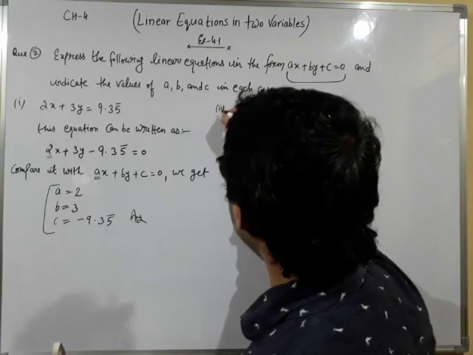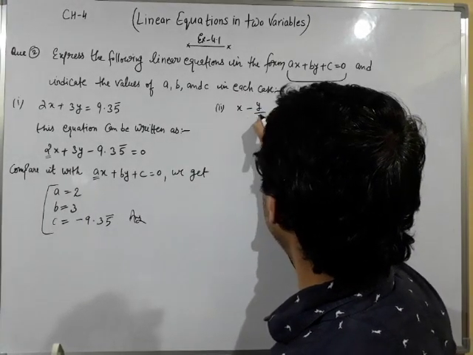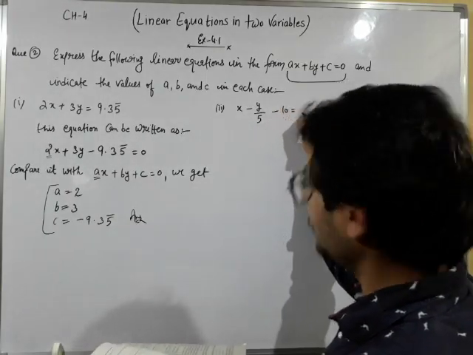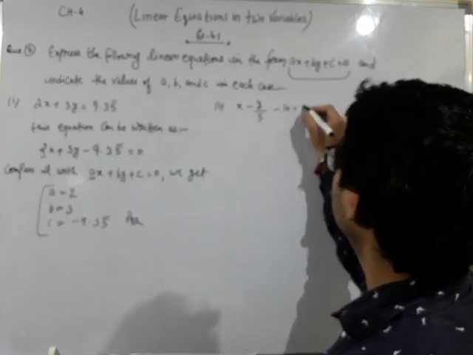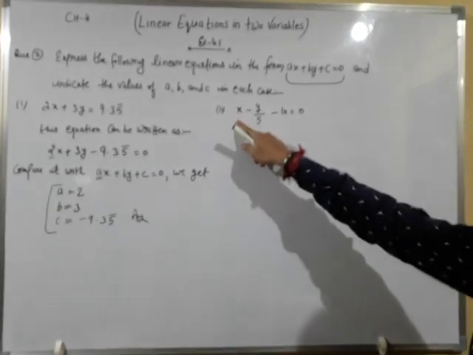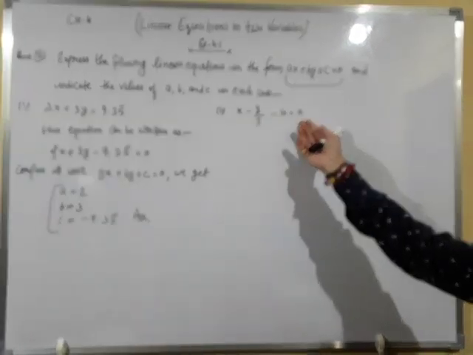According to the second part, the given equation is x minus y upon 5 minus 10 is equal to 0. Yes, it is in standard form because all the terms are on the left hand side and we have 0 on the right hand side.